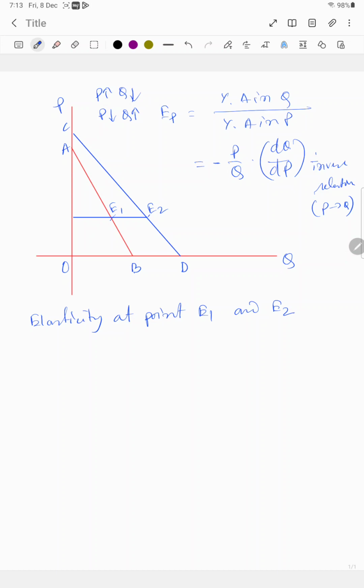So now, if you want to find out the elasticity, there is another law along with that. What is that law? Find out the elasticity in a straight line demand curve.